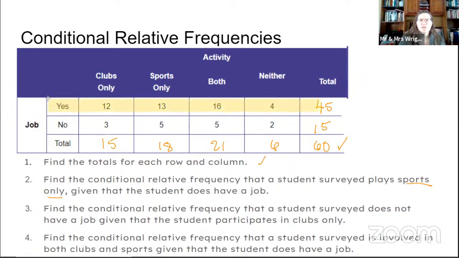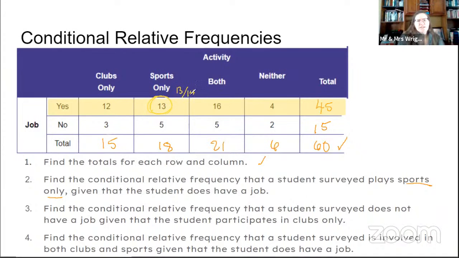Since we're looking at the given, student does have a job, we're only going to be concerned with this row right here. So now what you have to look at is it says the student surveyed plays sports only. So now you look at the sports only section. So we're going to take this sports only 13 and we're going to divide by the total of does have a job.